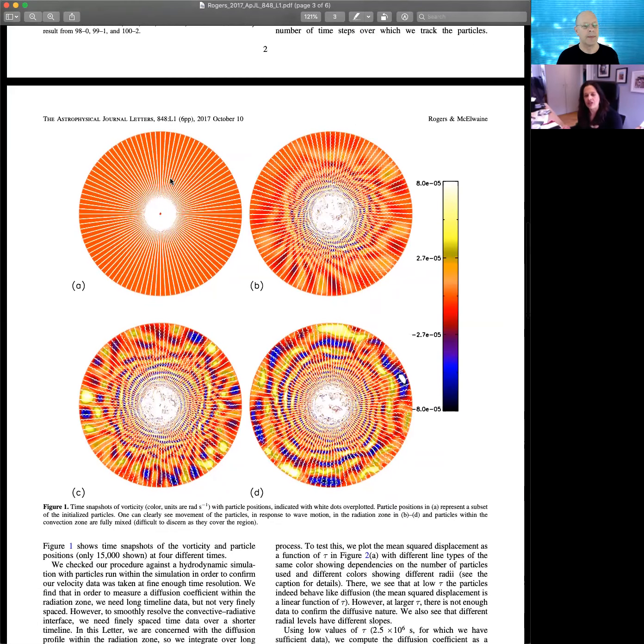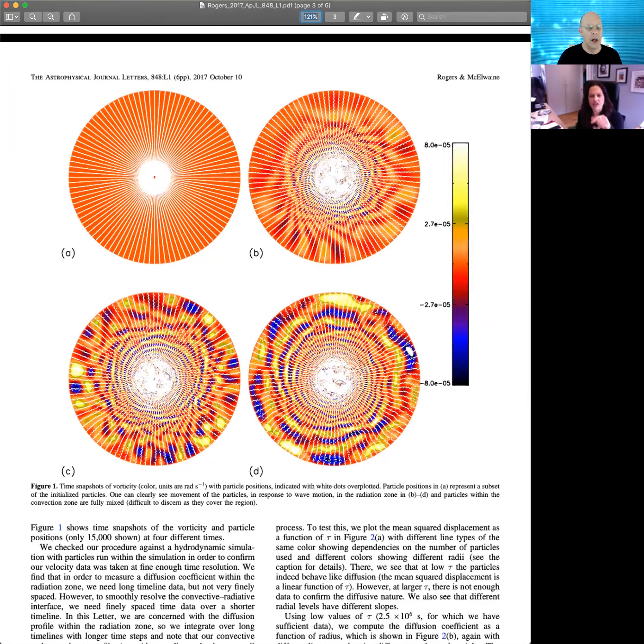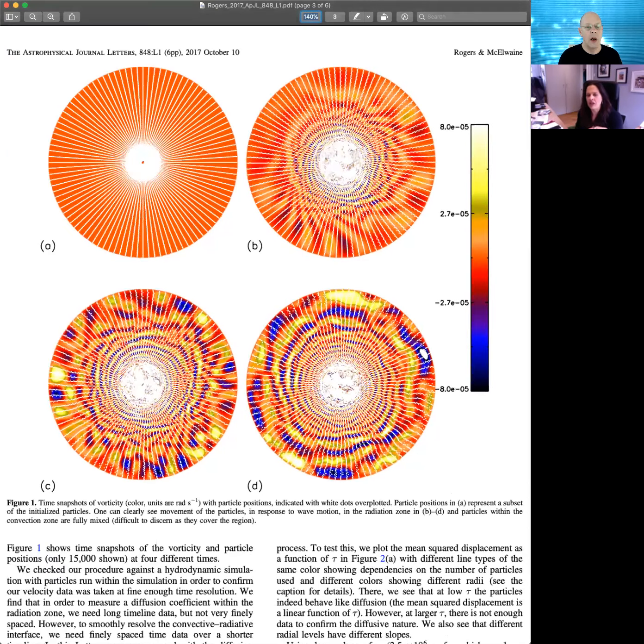So it's hard to see in this picture, but this was a 3 solar mass model. We took the 1D background states, the density and temperature and all that, from, I think this one used an old Cambridge stellar evolution code. And it represents an equatorial slice of a star.